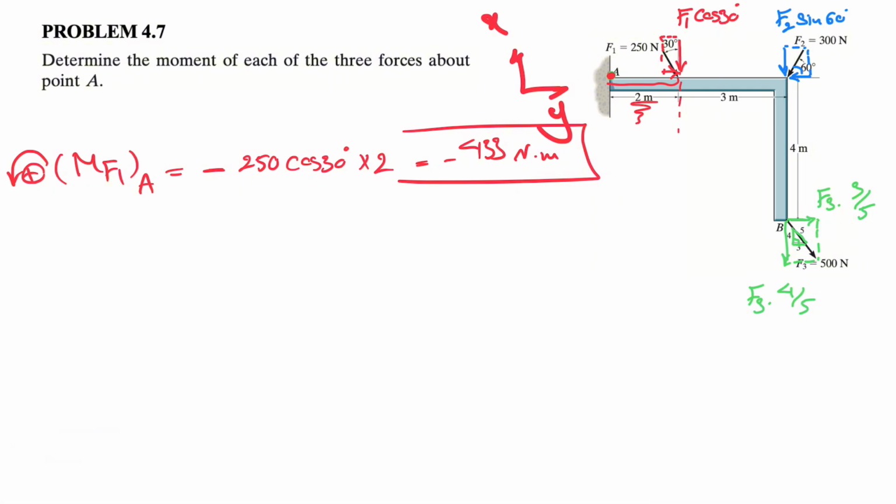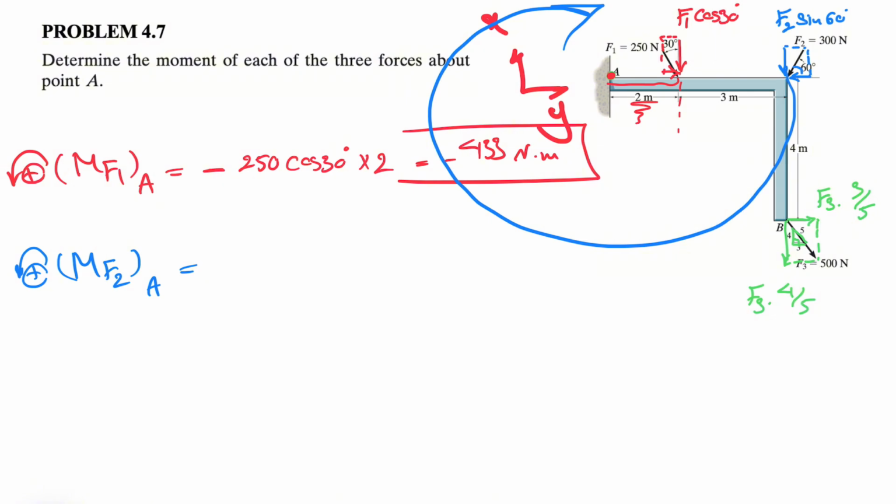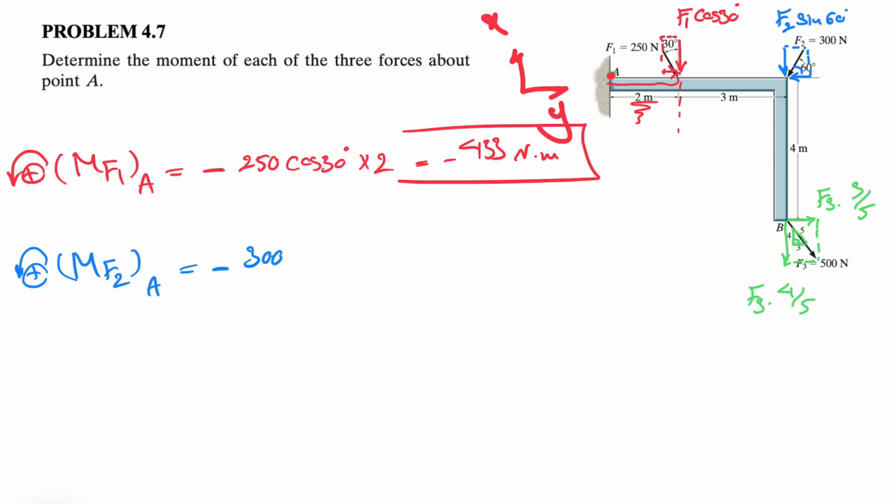We only have the moment of the y component, so we are looking for the moment of F2 about point A, counterclockwise positive as always. And if we look at F2, we'll see that about A, again, we have a clockwise moment, so another negative sign in here. The force this time is 300 Newton, so we have 300 sine of 60.